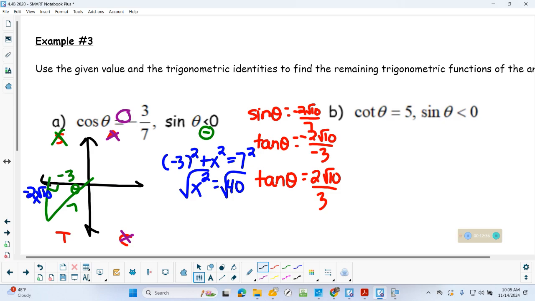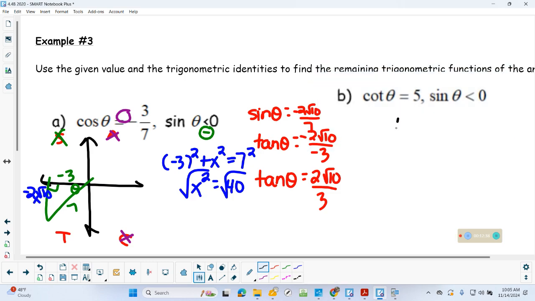So here we go. Let's figure out this one. Again, I'm just going to do my All Students Take Calculus on the outside here, so I've got room to make a triangle.